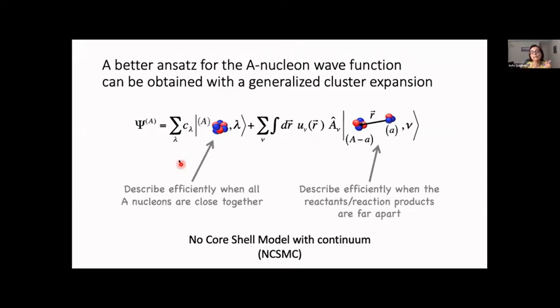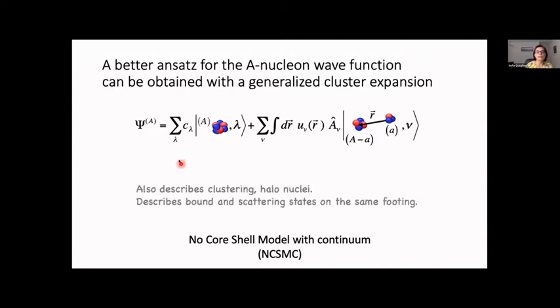And instead, the resonating group method basis states describe efficiently when the reactants are apart, and describe well clustering and correlations within the system. So this is what we call the no-core shell model with continuum.